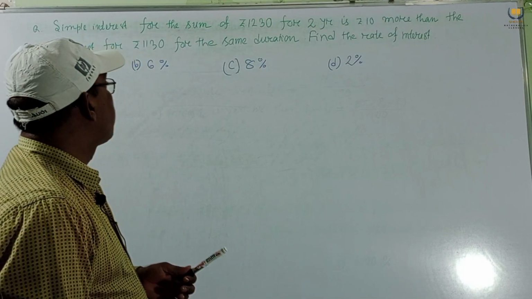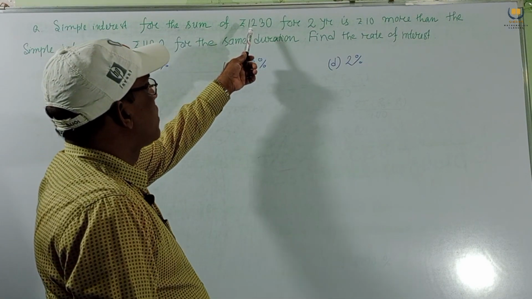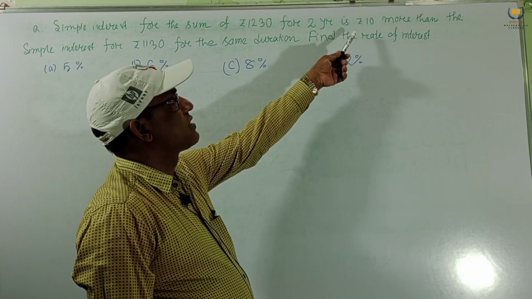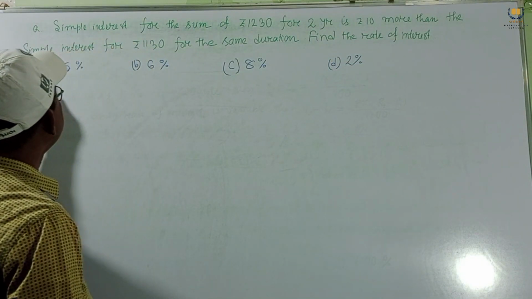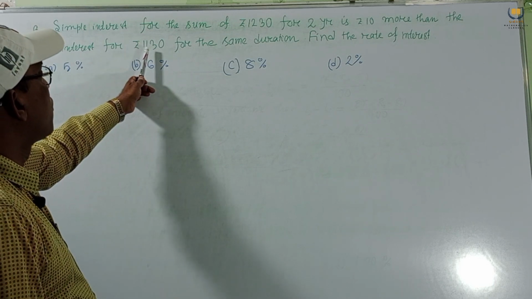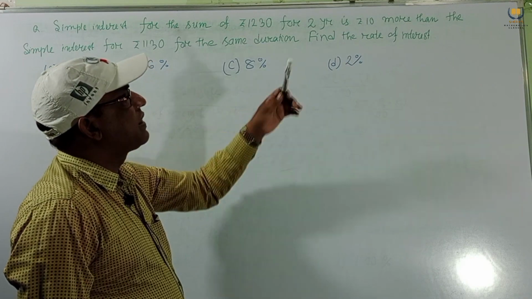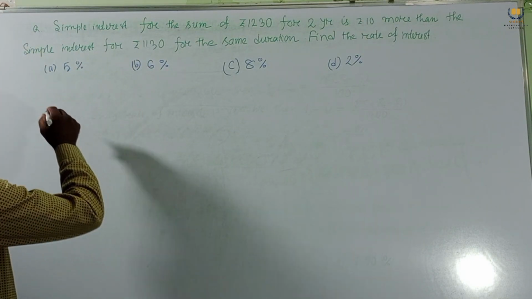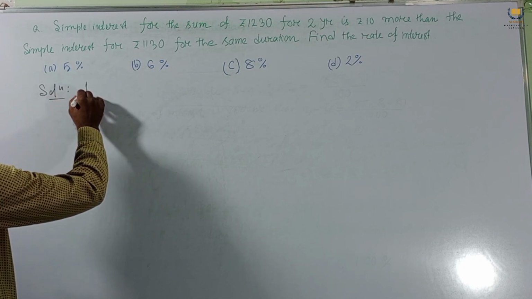Consider another problem. Simple interest for the sum of rupees 1230 for 2 years is rupees 10 more than the simple interest for rupees 1130 for the same duration. Find the rate of interest. Now what is given?